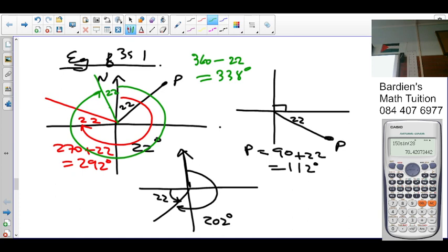Or you could have first worked out 90 minus 22, which should be 68, and then 270 plus 68 should be 338. Is that correct? So check it: 270 plus 68 is 338. Do you guys understand?